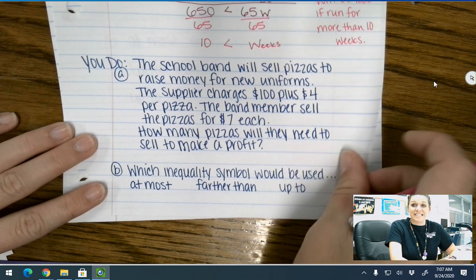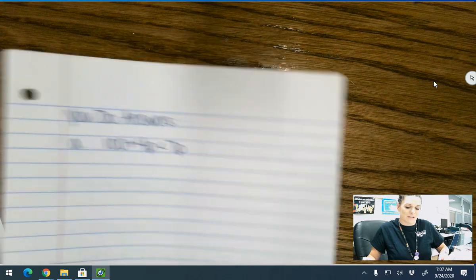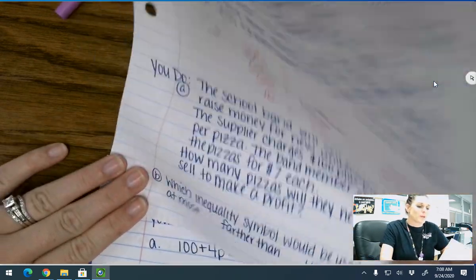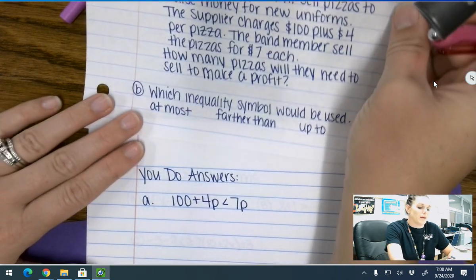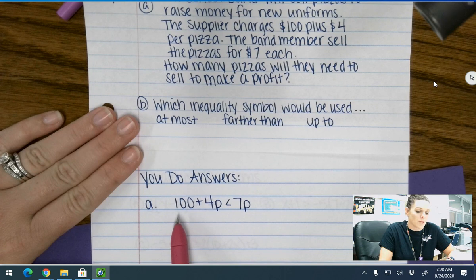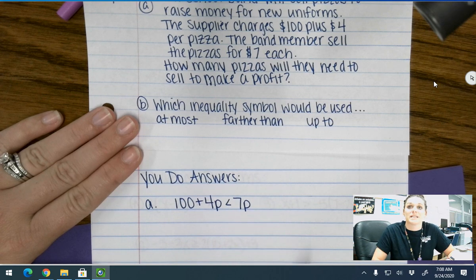Let's take a look at these answers. First and foremost, for our school band, our setup would have been the $100 supplier fee plus the $4 per pizza is less than the $7 per pizza that I am charging.